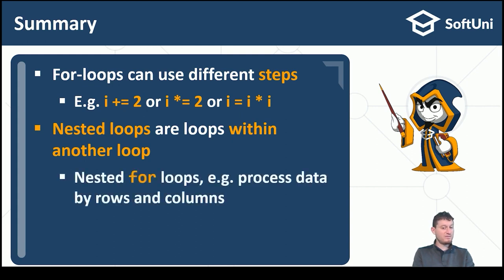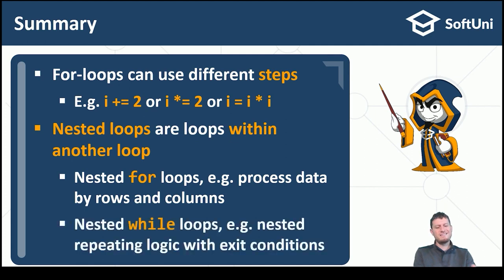For example, nested loops are used when we process tabular data, process data by rows, and each row is processed by columns. While loops can be used when we have repeating logic with nested repeating logic with some exit conditions, like we read numbers until we reach the end, and for each number we do something which requires a nested loop. So it is easy to understand the concept behind the nested loops.